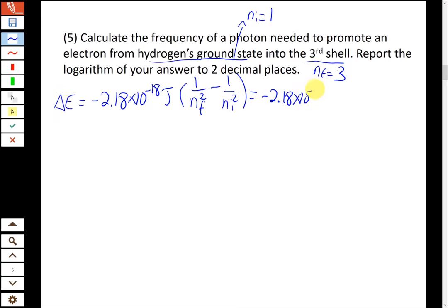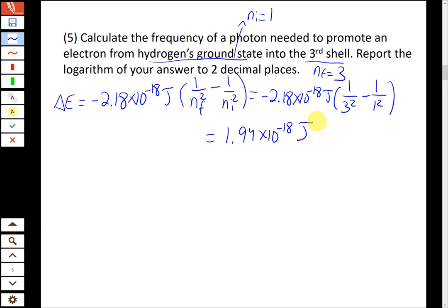So again, in this case, we're going from a lower energy state to a higher energy state, 1 to 3, and that should give us then a positive delta E, and that's going to require us to put n final as 3 and initial as 1. All right, so when we work that out, we should get 1.94 times 10 to the minus 18 joules. All right, so that's delta E.